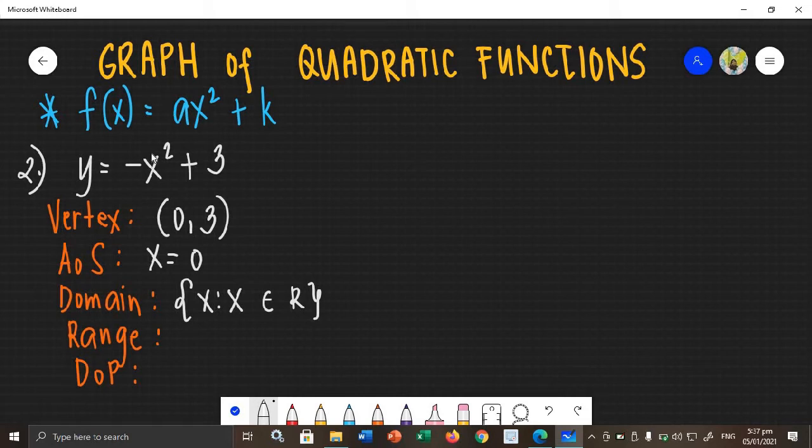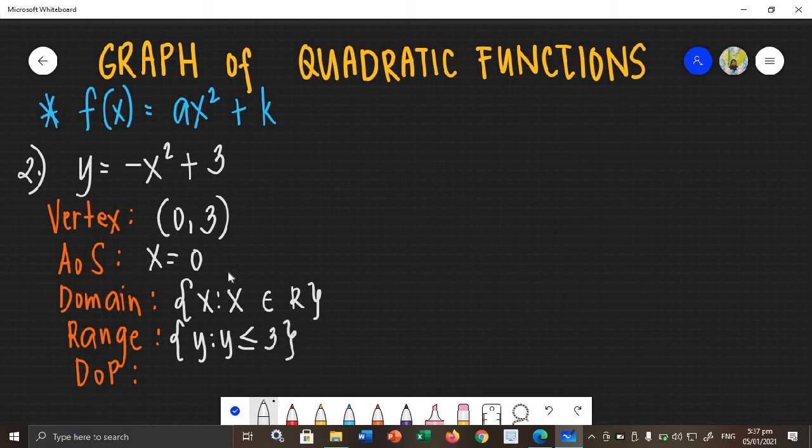In this case, ang coefficient ng quadratic term is negative. Okay? So, it is less than 0. Therefore, the range is y is the set of all real numbers such that y is less than or equal to k. In this given, our k is 3, therefore lagay nyo less than or equal to 3.